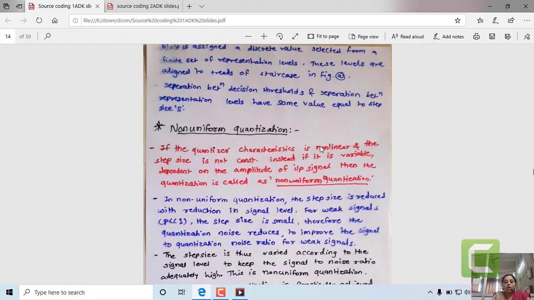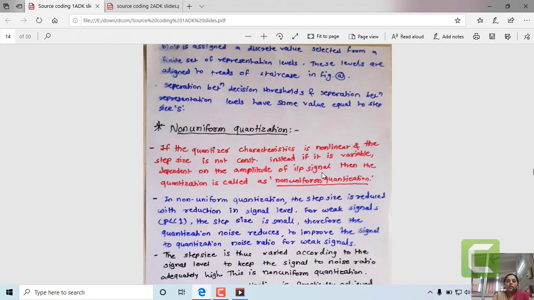So this is a non-linear behavior of the quantizer. And whenever the non-linear behavior of the quantizer is seen, definitely the step sizes should not be constant. Instead, the step sizes should be variable. And why should those step sizes be variable? That is because the amplitude of the input signal continuously goes on changing.